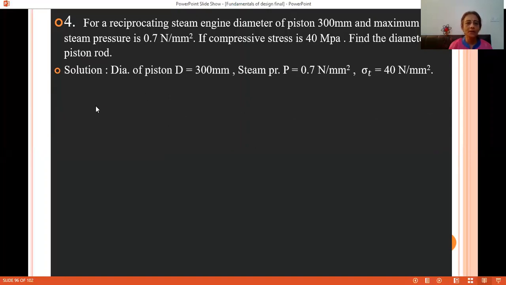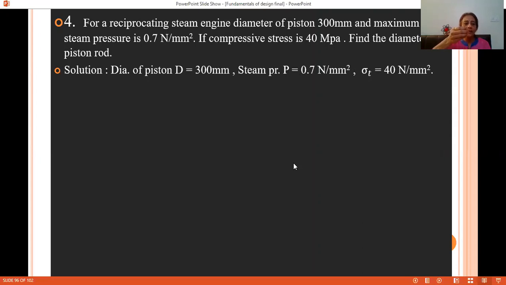So we will first write the given data: diameter of piston rod we have to find, and piston diameter is 300 mm. We will denote it by capital D. Steam pressure, we'll write small p, 0.7 Newton per mm square, and sigma C is 40 Newton per mm square.